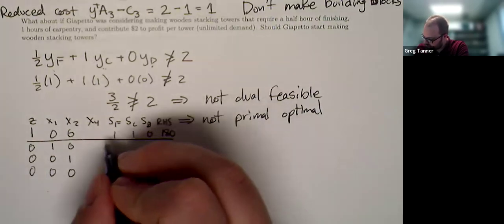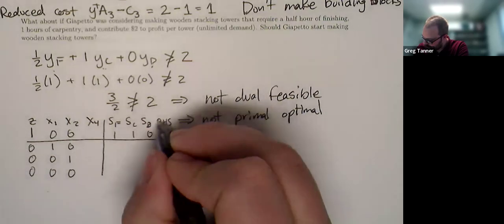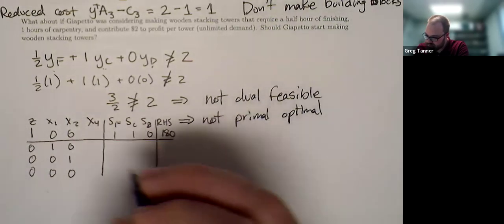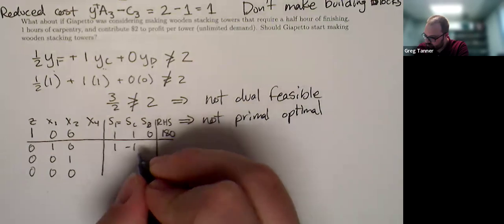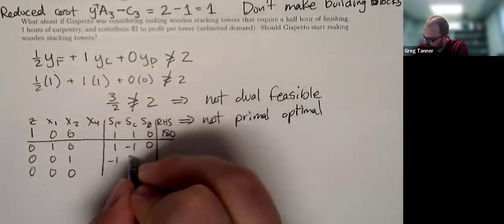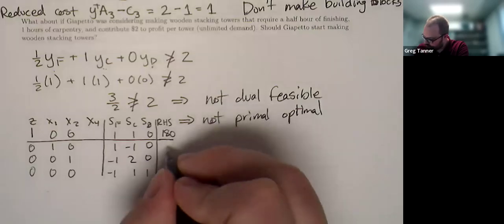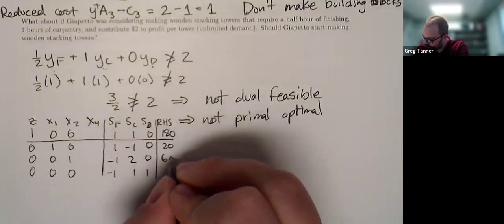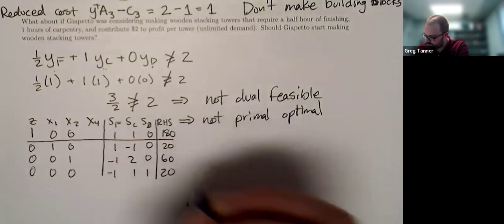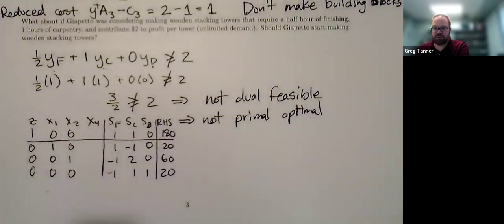And then I'll draw my lines here. Help me fill this in: 1, -1, 0, -1, 2, 0, -1, 1, 1, 20, 60, 20.